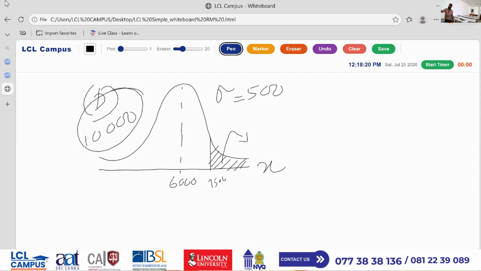Here 6,000, here 7,500. More than 7,500 means this part, no? They are asking how many workers are represented from this part. But in the table we are given the probability of this part. If the answer came as 0.3 or something, we multiply that probability by the 10,000 total workers, then the number of members will come.